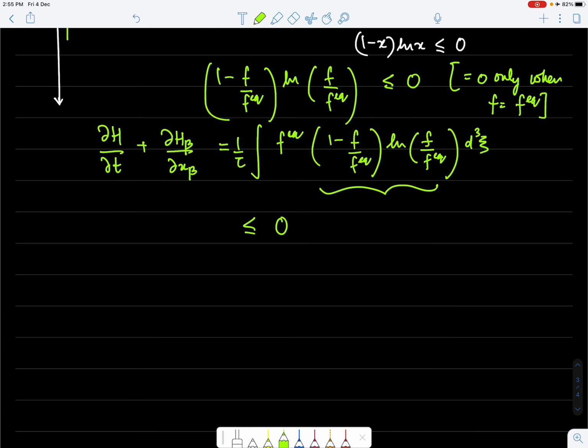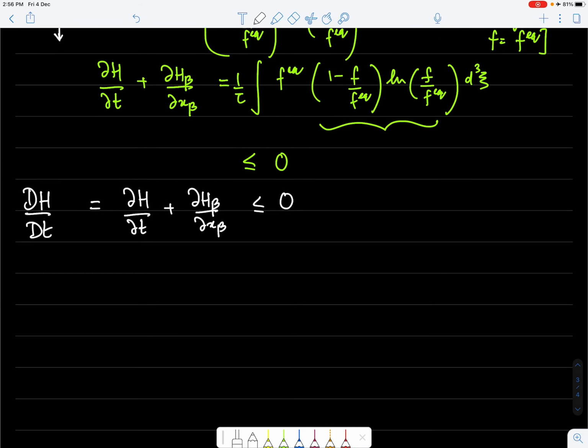Now, what I'm saying is dH dt plus dH beta dx beta is less than 0. If I observe the left hand side, it is sort of like the total derivative of h, or the substantial derivative of h. So what it means is that with time h is always decreasing.